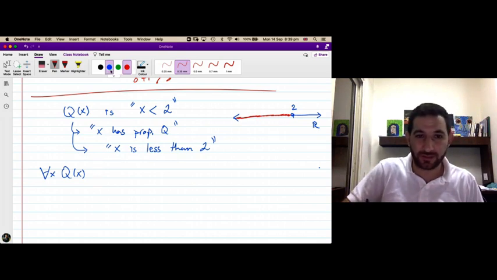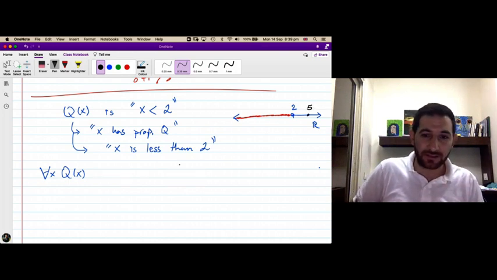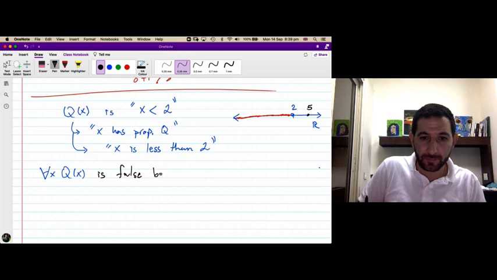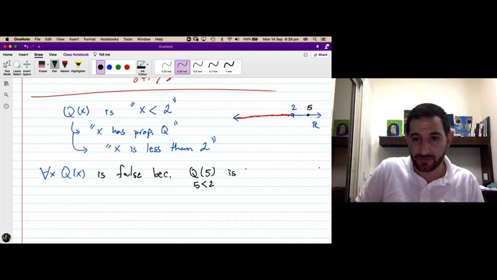For example, just choose 5. So this statement is false because not every element has property Q, in particular Q of 5. So what's Q of 5? Q of 5 says that 5 is strictly less than 2. So this statement is false.